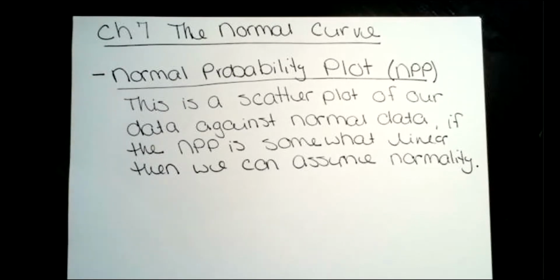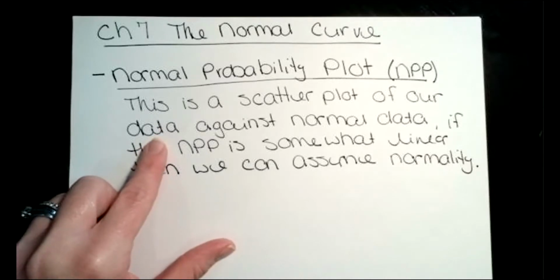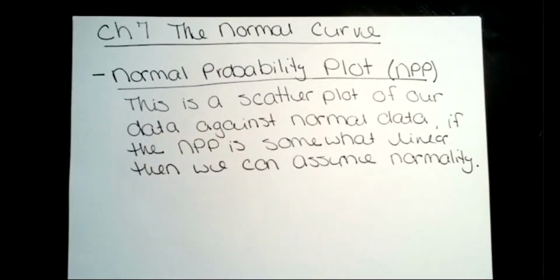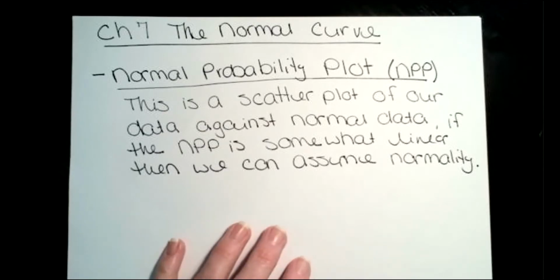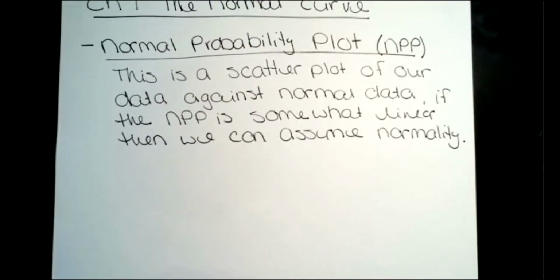And what it did was it took our data set and put it up against a data set that would be normal for the numbers we had, bell-shaped for the numbers we had, and it draws a scatter plot. And we just did a quick visual test by looking, and if it was fairly linear, then we said, okay, our data was normally distributed, meaning it was bell-shaped.